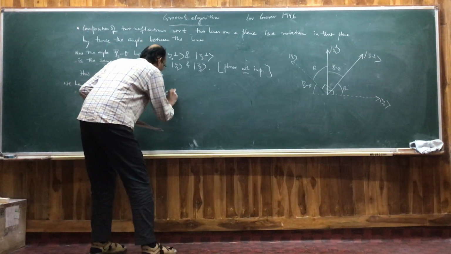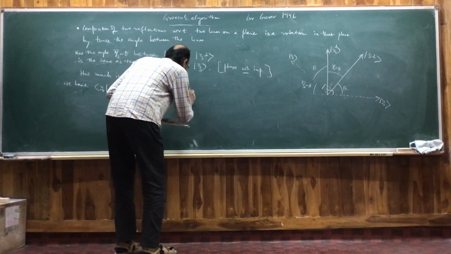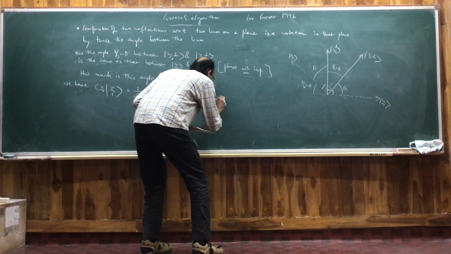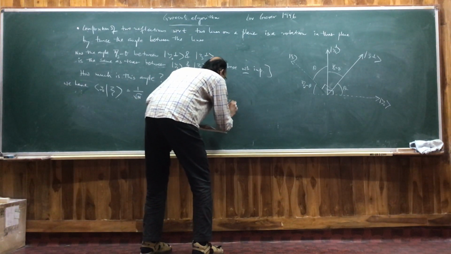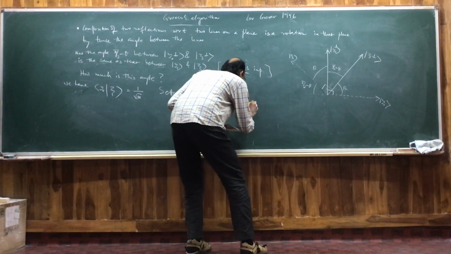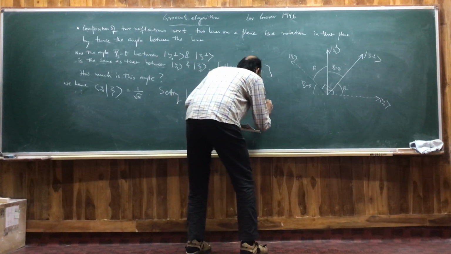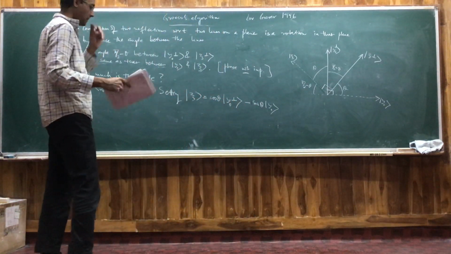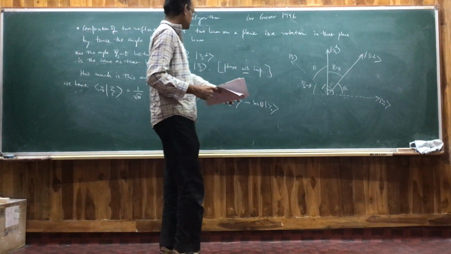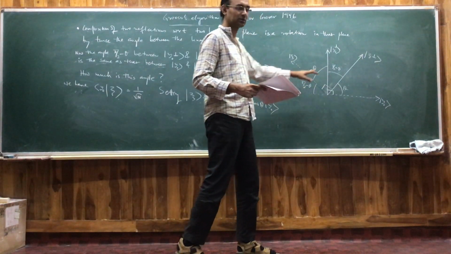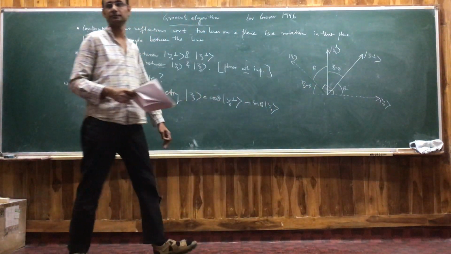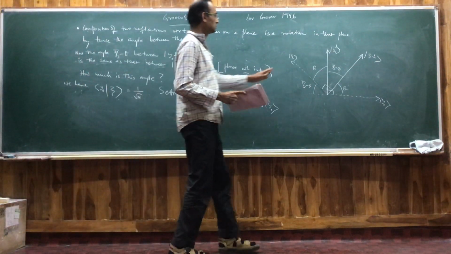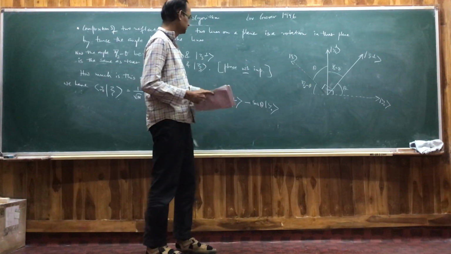Setting xi as cos theta, this minus is because we are drawing this figure. This phase is not so important. If you look at this figure, it will look like this.